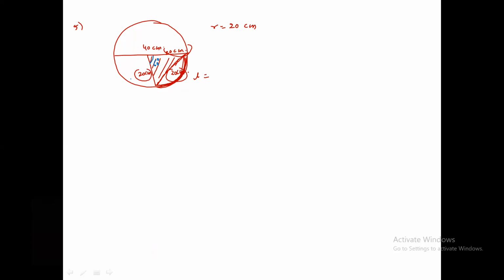Okay, theta is 60 degrees. So on the whole, I have to find the length of the arc. L is r theta, that is 20 into 60 degrees. Convert 60 degrees.